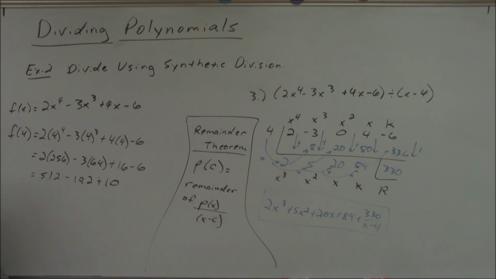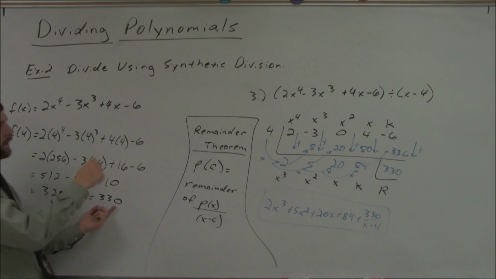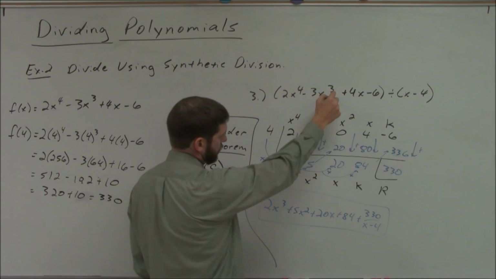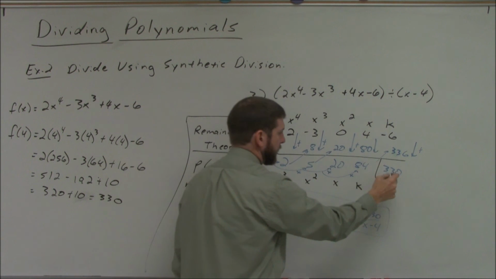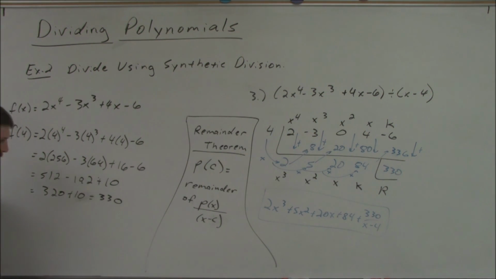So 512 minus 192 is 320. 320 plus 10 equals 330. So by the remainder theorem, plugging in a 4 into my function gave me the same thing as using a 4 to divide my function as the remainder.